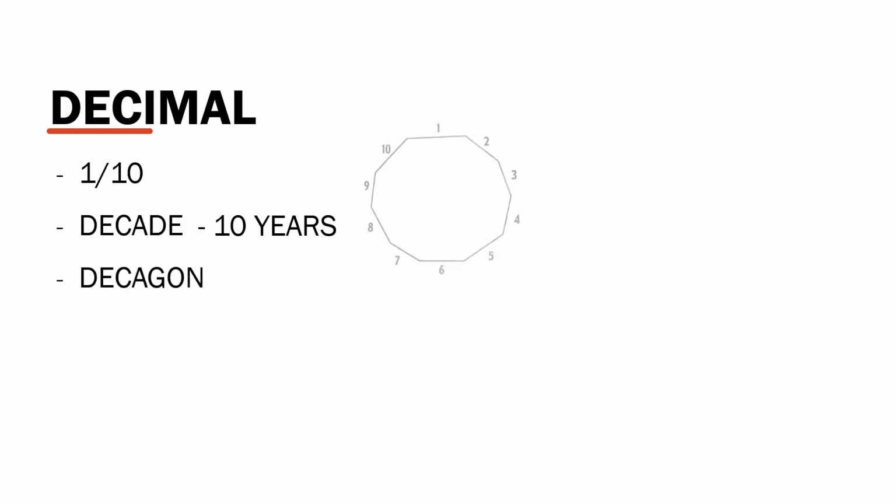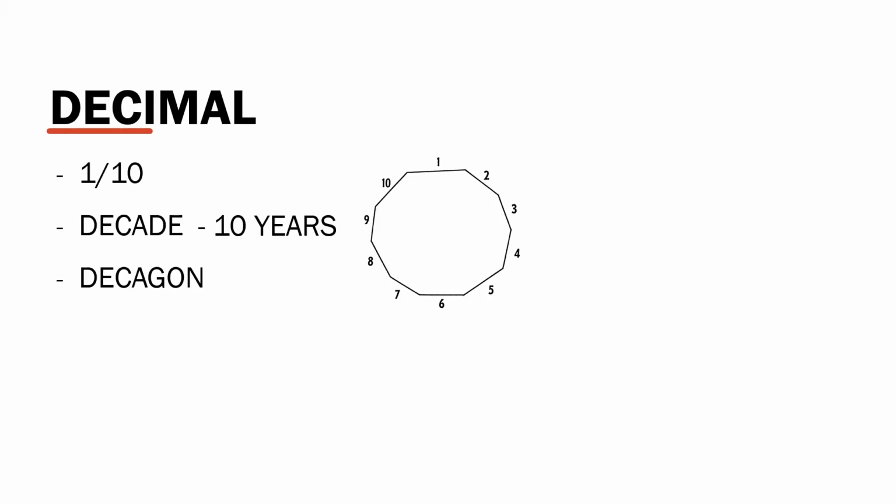And when I hear that term or the prefix deci, I also think of the word decade, which corresponds to, of course, 10 years. And I also think of a decagon. A decagon is a polygon with 10 sides. So, deci is associated with number 10.